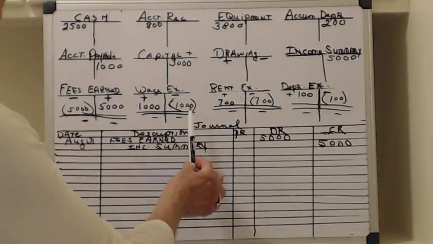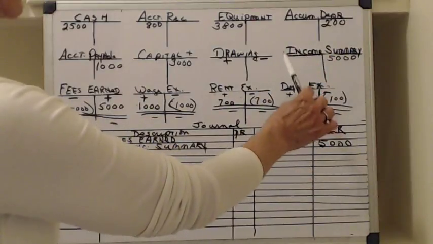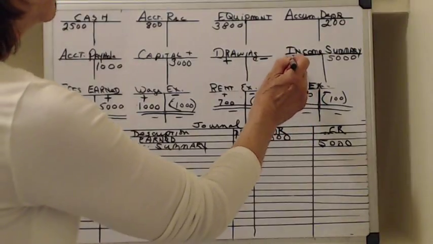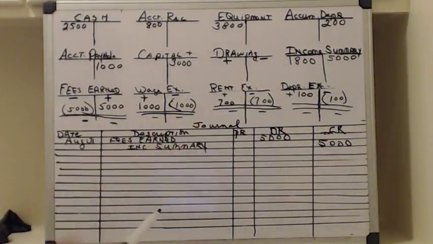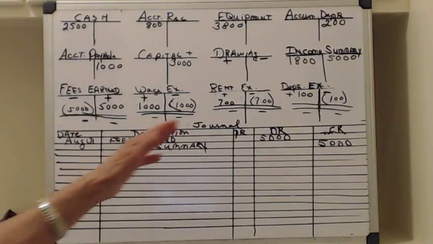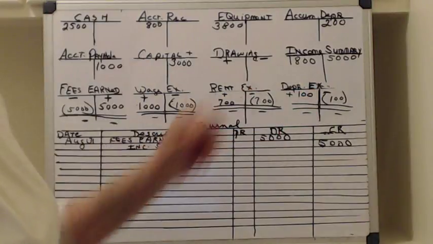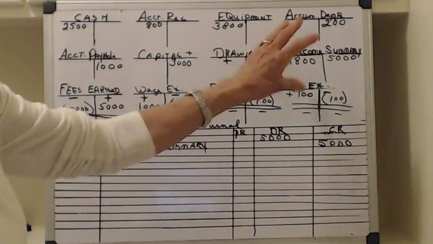So if I credited expenses, I have to debit income summary. And I'm going to debit income summary for $1,800 for the total of my expenses. I could put them each separately in there, 1,000, 700, 100, but why do that? It's much simpler just to add them up and put the total.